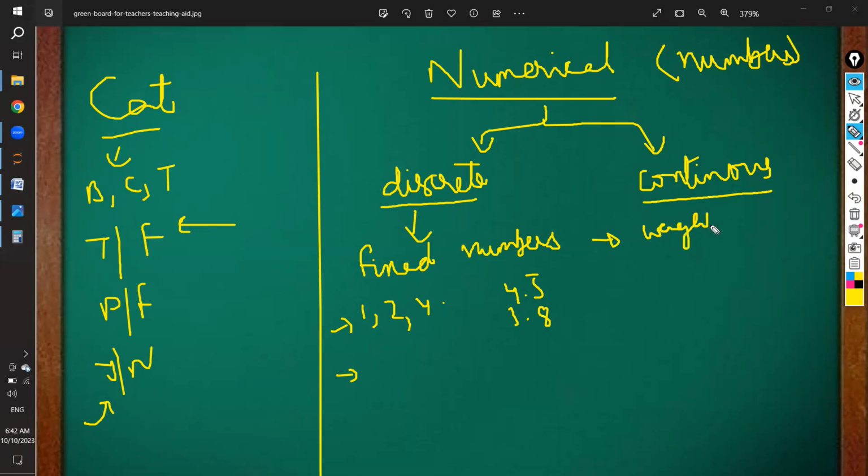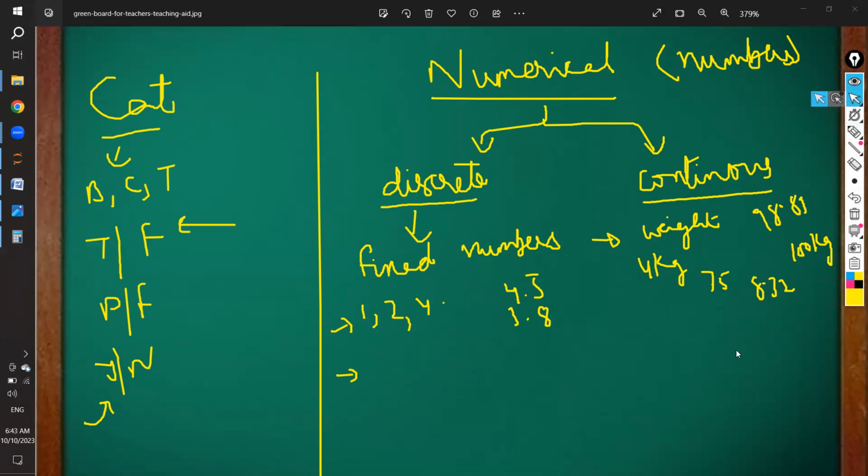The weight of a person could be anything. A newly born baby might be 4 kgs, and an adult might be 100 kgs. So this weight can take any value. It could be 4, it could be 7.5, it could be 8.32 or 98.89. Any value it can take from 4 to 100. You cannot count how many values are possible.